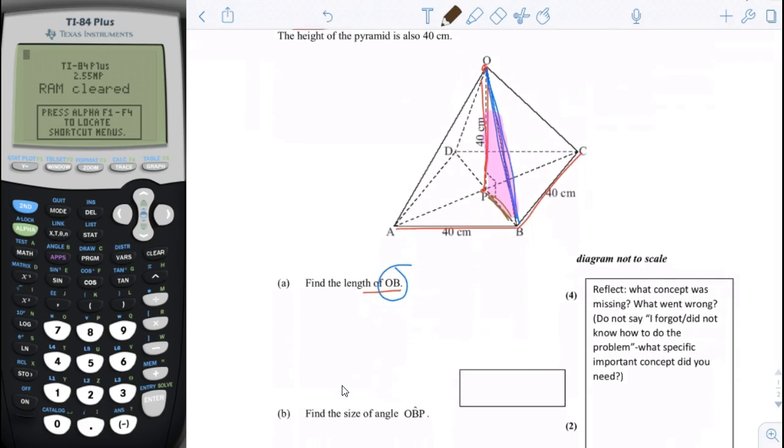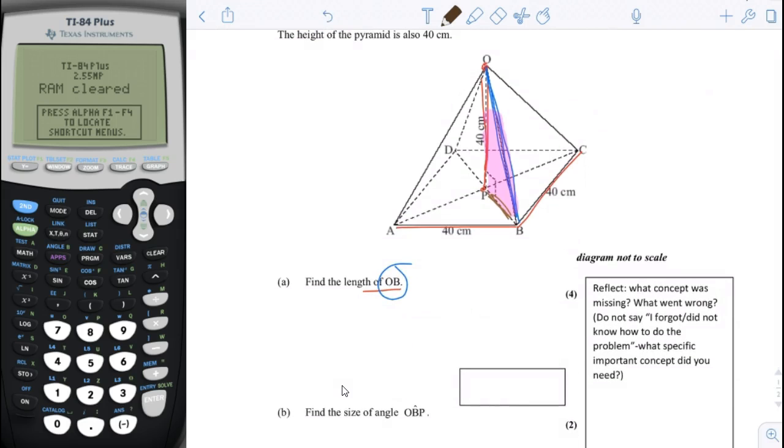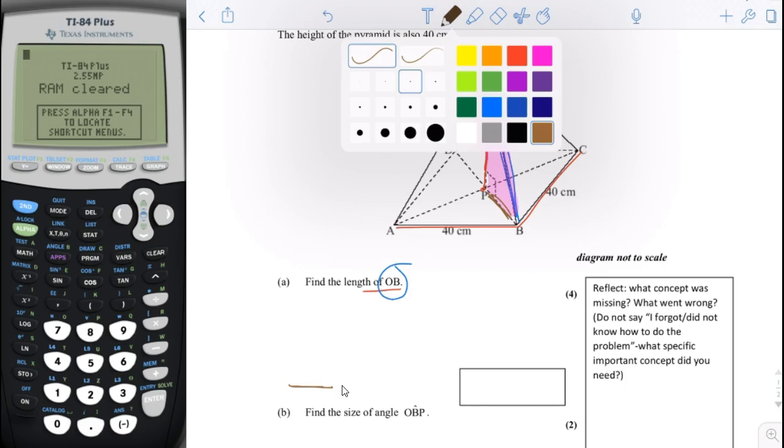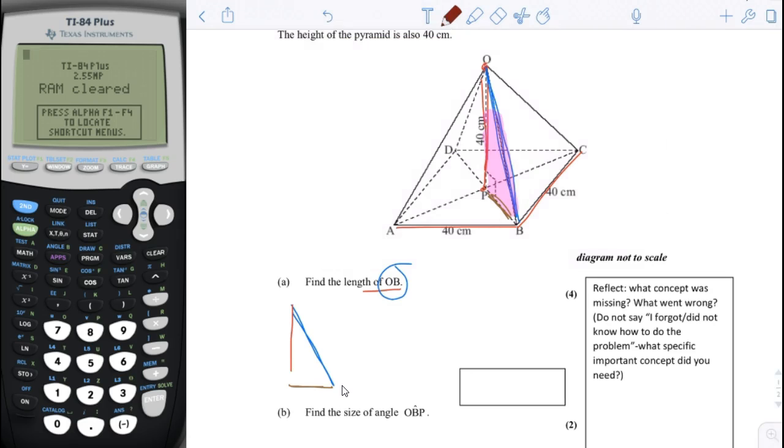So first thing I'm going to do is draw this triangle out flat. I'm going to have the brown base, the blue hypotenuse, and the red height. The red height is 40. The blue one is the length we want to know. And the brown one is a length that we don't know yet, but it seems like we can calculate it.